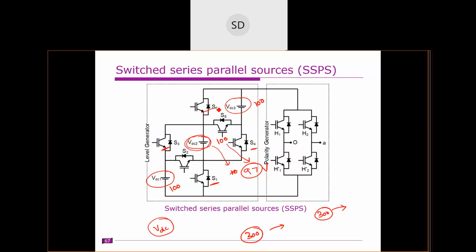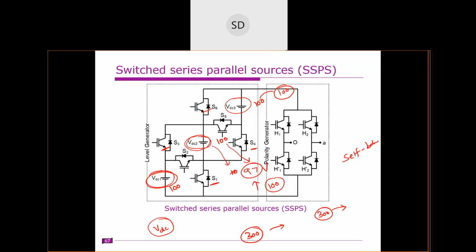In that case, all the capacitors come in parallel with the DC source. Now this capacitor voltage is increased to 100 volts, and this voltage is also increased to 100 volts. So that means this capacitor voltage is self-balanced.